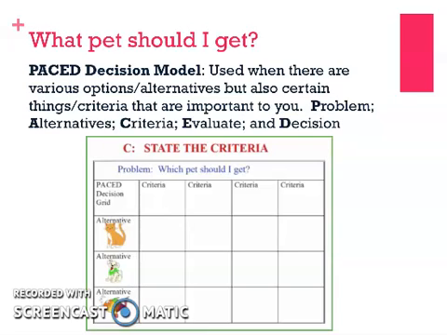Maybe it's the cost of veterinary care. Maybe it's the cost of pet insurance. When you identify what those criteria are, then you can think of what the problem is, what the alternatives are, the criteria, evaluate, and then make your decision. So I might invite students to generalize from the data on that infographic by completing one of these decision-making models, having them make generalizations based on the data that we had explored together.